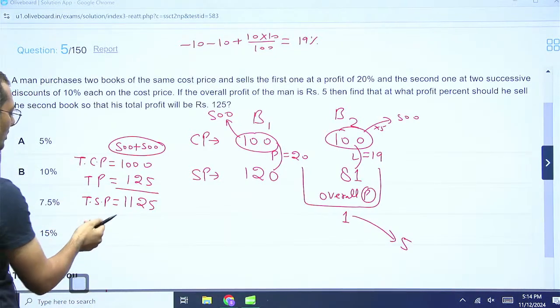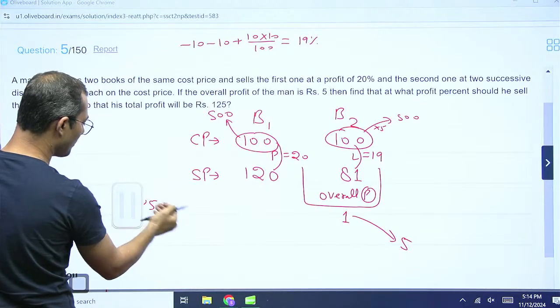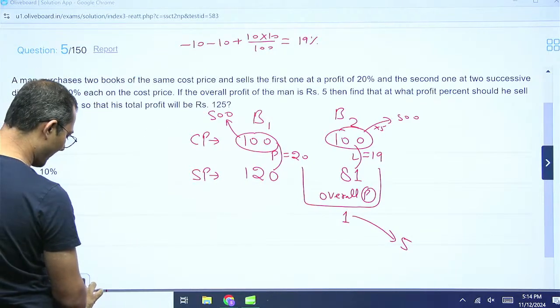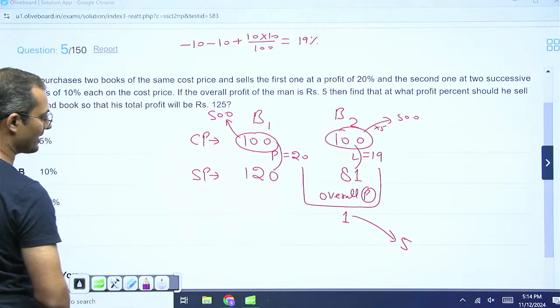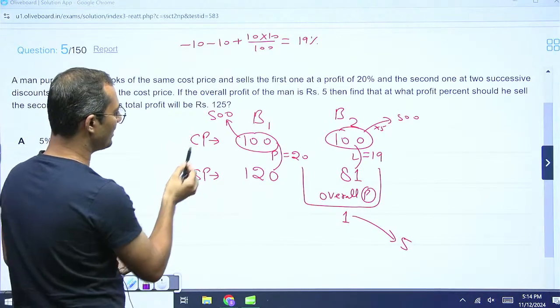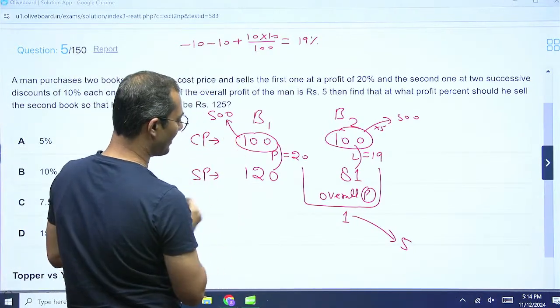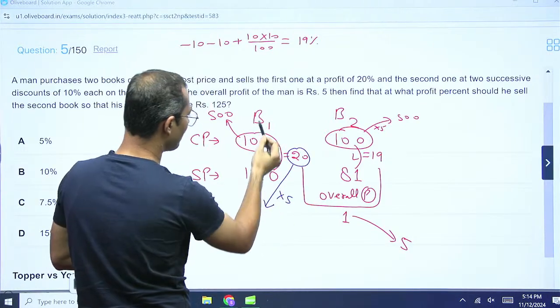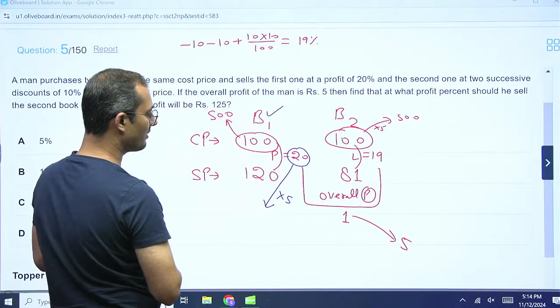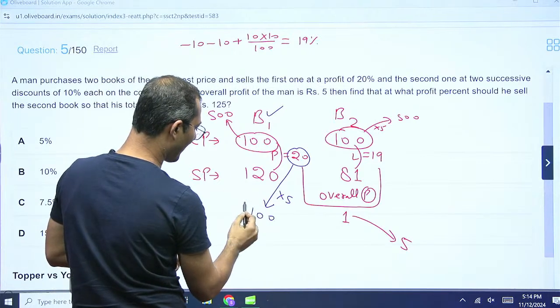Or if you are not doing it like this, you can do it directly. How can you do it directly? If the cost price is 5 times, the profit would also be 5 times. So at selling B1, how much profit will we get? 100 rupees, right?